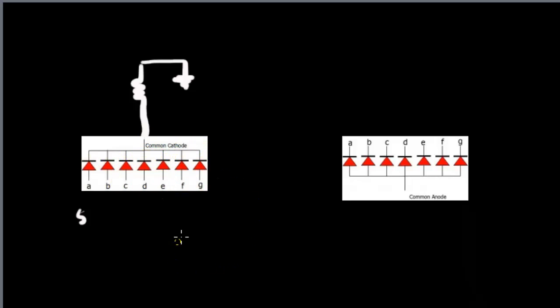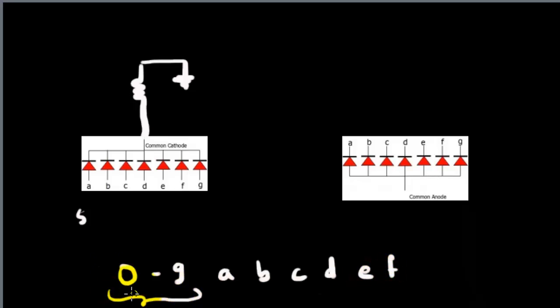Since these are arranged in the fashion we saw earlier, we are able to display digits 0 to 9 and sometimes letters A, B, C, D, E, and F. So usually it is used to display just the numbers. Likewise, in the common cathode, when we give a logic 1 or 5 volts, it glows.